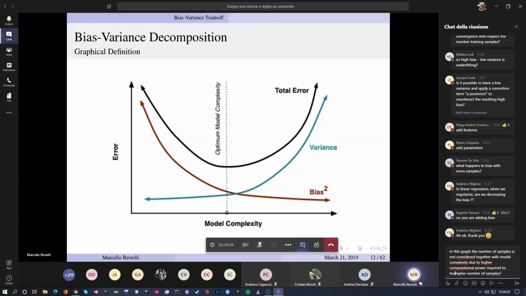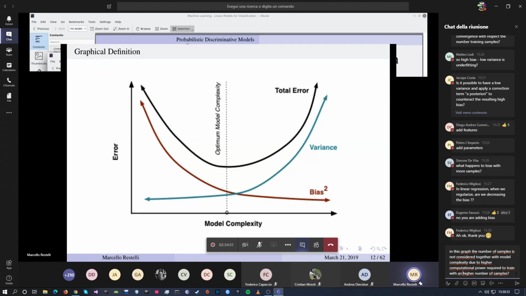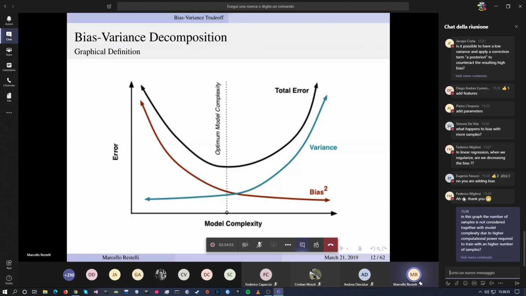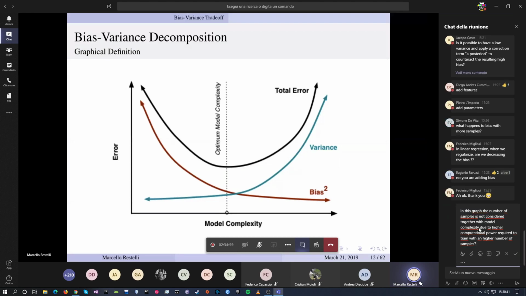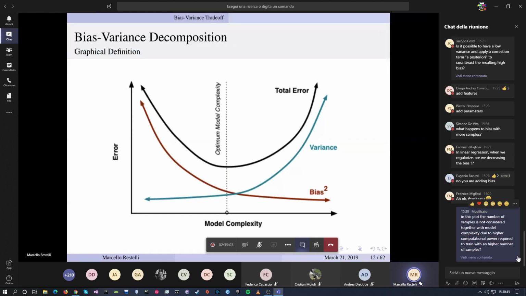It means that you cannot afford to learn very complex models with few data, because there is no statistical support for your prediction. So finding the proper model complexity is finding how many parameters, how large a hypothesis space, I can learn given the data set that I have.